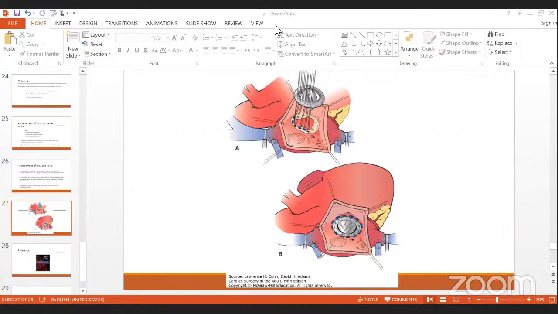تمام الله يعطيك العافيه. سؤال ثاني in bicuspidization, is it only involving leaflet and annulus without any deal with the papillary muscles? I mean, only we are dealing with the leaflet and annulus. Yes. Nothing to do with the papillary muscles.